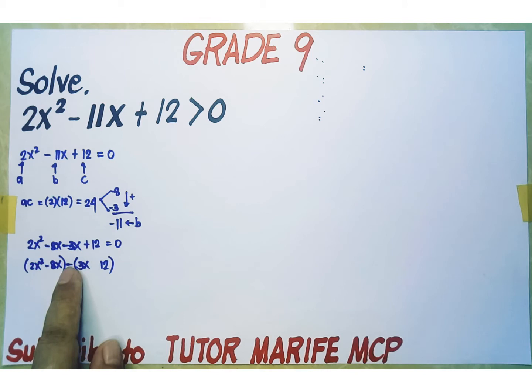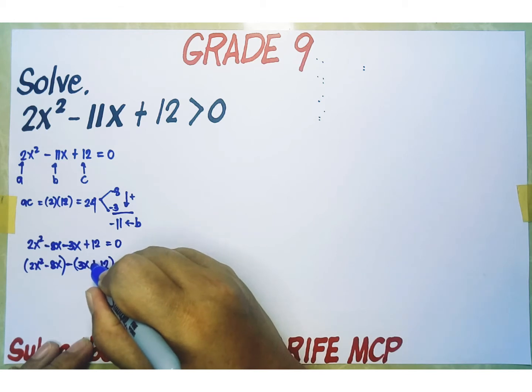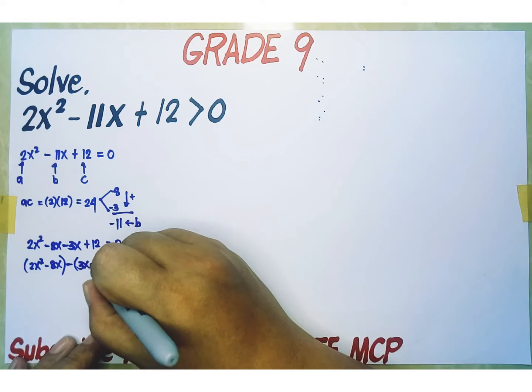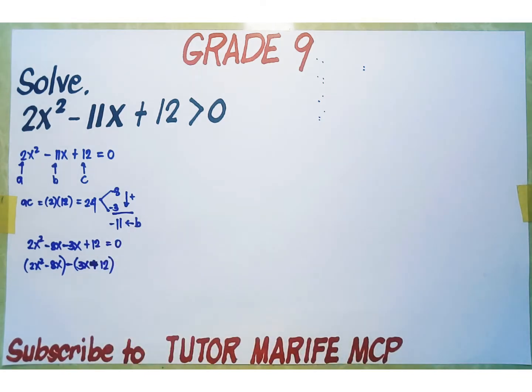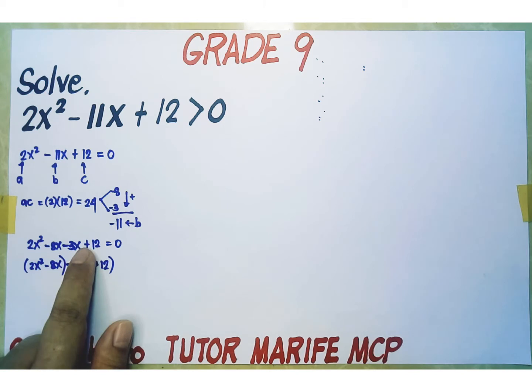So, if negative is outside the parenthesis, the sign of 12 inside the parenthesis should be negative. Let's double check. Negative times positive is negative. Negative times negative, it's positive.